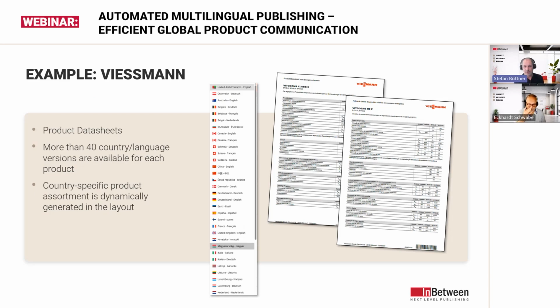So an example is here from a German brand, Viessmann, very famous for its heating systems and climate technology. They are producing product data sheets with InBetween. For each product, they have more than 40 country language versions available, and it's a very country-specific output that is sorted dynamically in the layout.